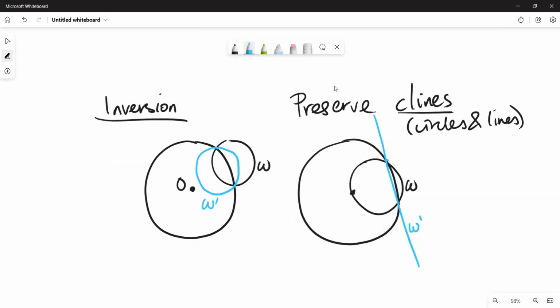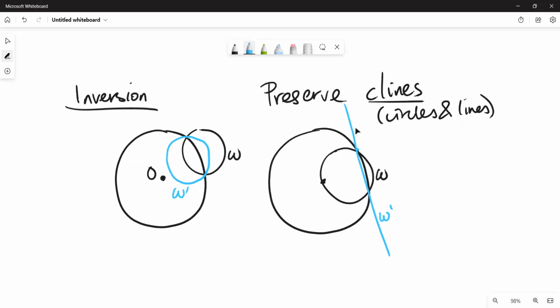So hopefully you guys still remember this from a few hours ago. What else? That's probably it. So remember, we only talk about circles and lines. They don't work on other shapes.